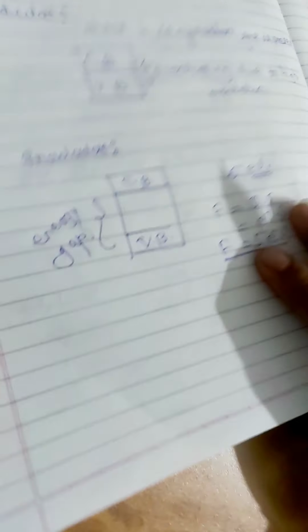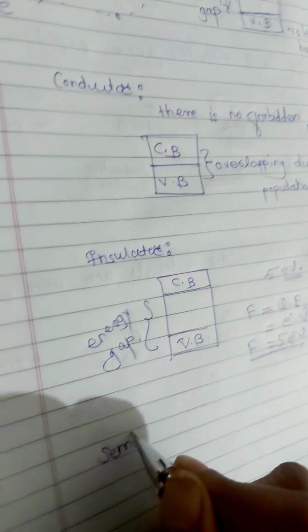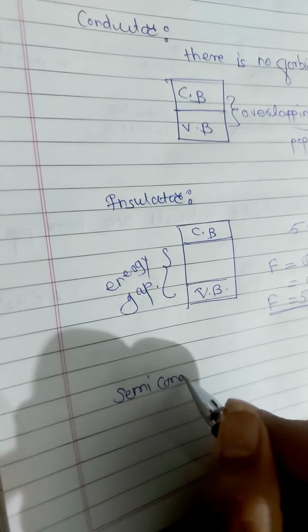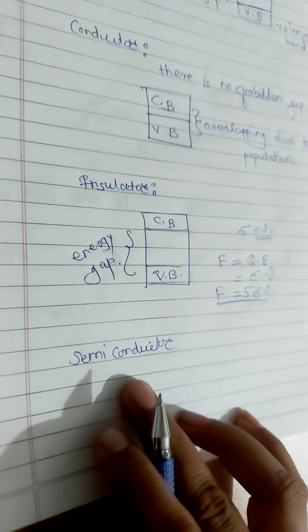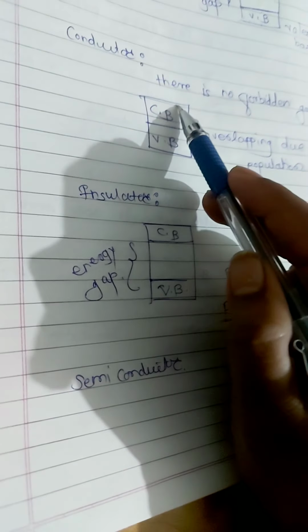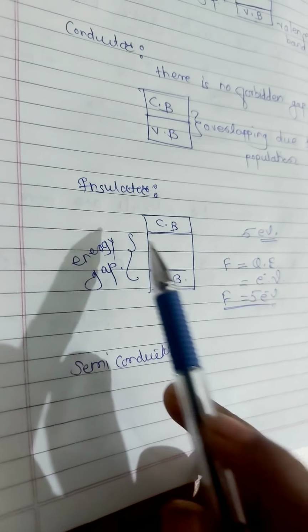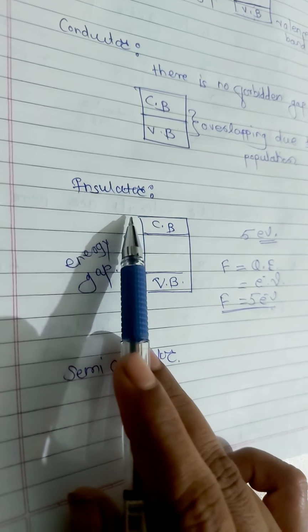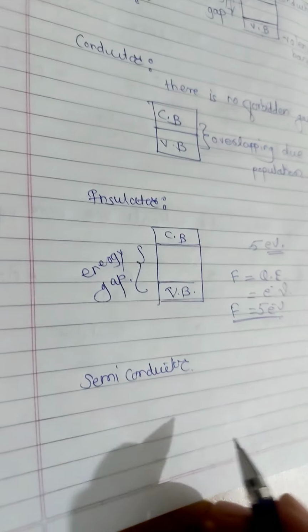Last but not least, the semiconductor. It has both the properties of a conductor and an insulator. That means it also allows the electrons to flow, but it also has the property of an insulator, in that it does not allow electrons to flow in much quantity.